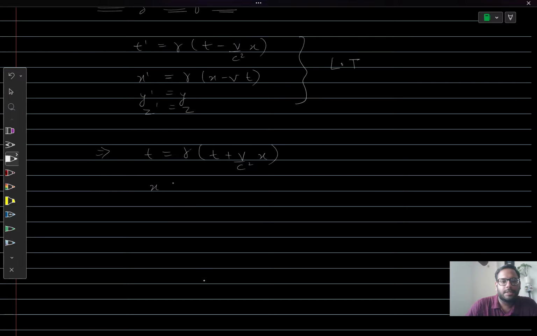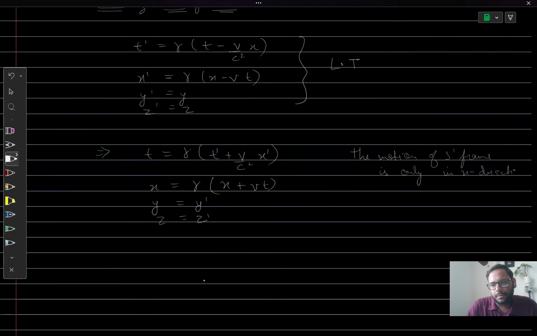Okay, you are just changing the frames from S prime to S. This will be primed coordinates now, so it will be given by this. y is equal to y prime and z is equal to z prime, because the motion of the S prime frame is only in the x direction.